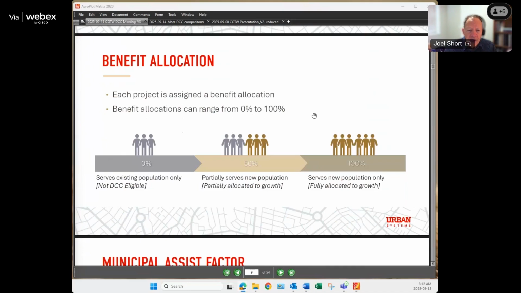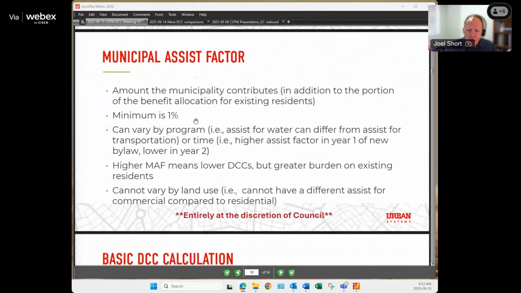You might put in new intersection controls, and some of those new intersection controls are designed to deal with the existing traffic, and some of the reason for doing it is to deal with new growth. So that's benefit allocation.